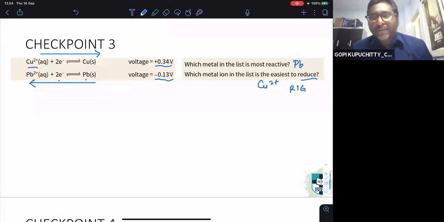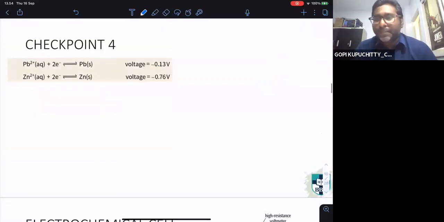Still confused? Okay, we go another one. Here you have a different situation. Mr. Gopi, you said must be positive. Now nothing is positive. Then in this case, you need to select the one that is most likely or closer to positive. It means closer to 0.